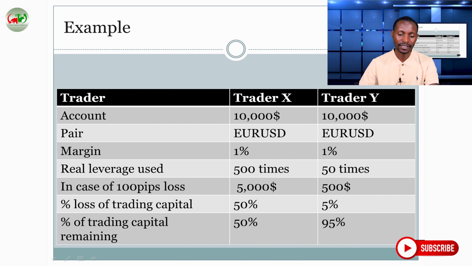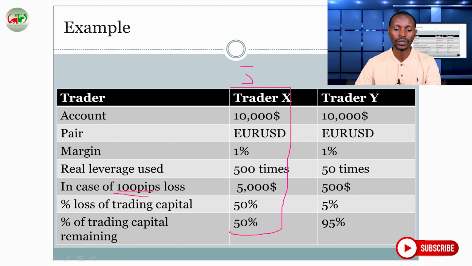If it goes well, this trader could also make a profit of $5,000 by moving 100 pips, while this one could make only $500. Of course, this is what we said, that leverage has the power. So this is how Forex leverage can affect you if it is not properly used.